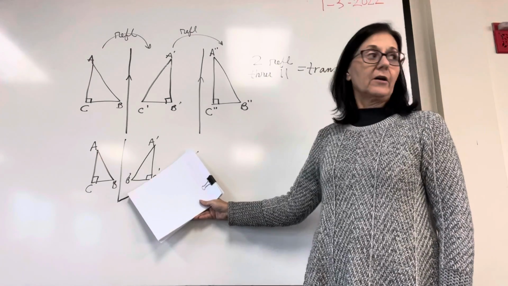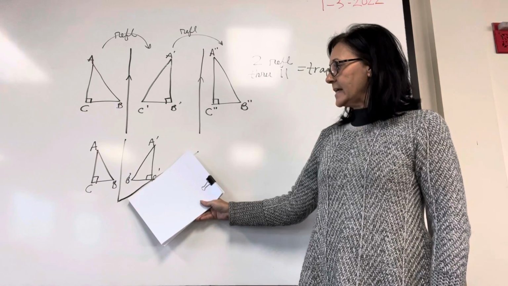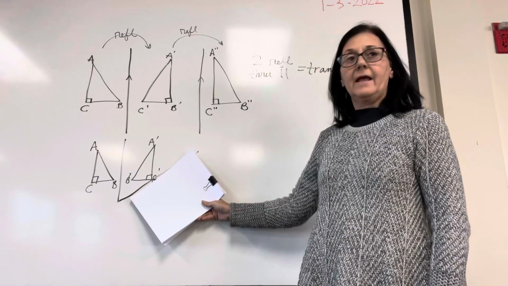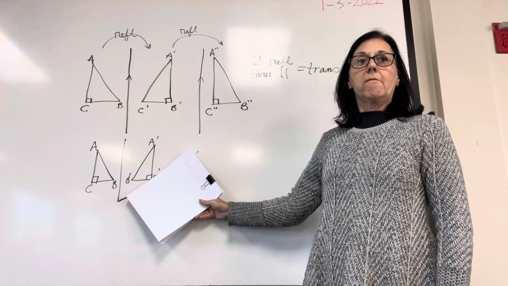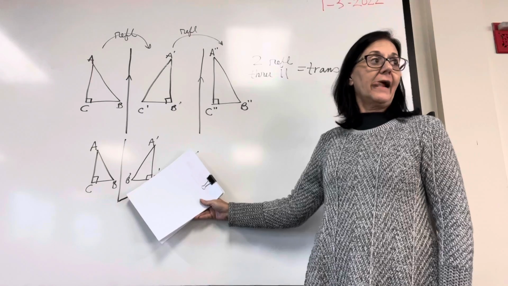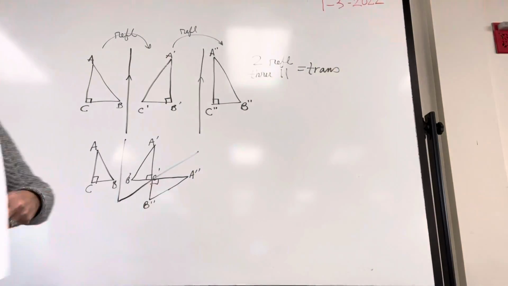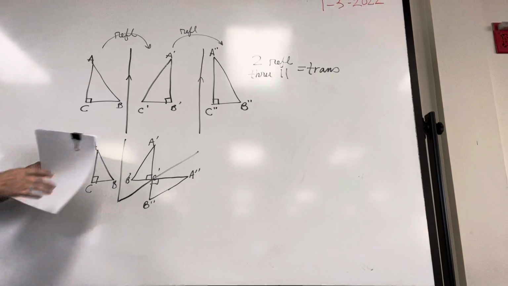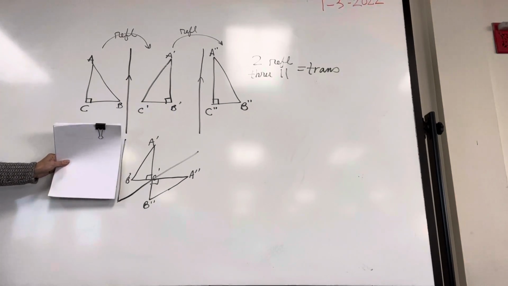Okay. Now, let's look at the bottom. What is ABC to A prime, B prime, C prime? Reflection. It's a reflection. You see that? It's a reflection. Does everybody see that? Okay, now, what is A prime, B prime, C prime to A, B, C double prime?